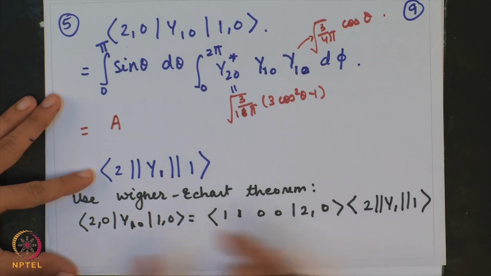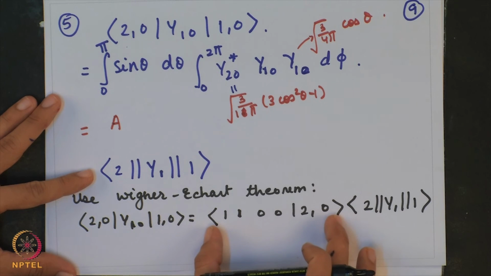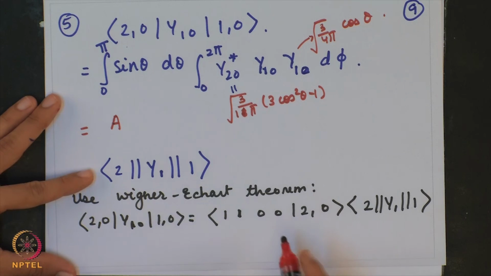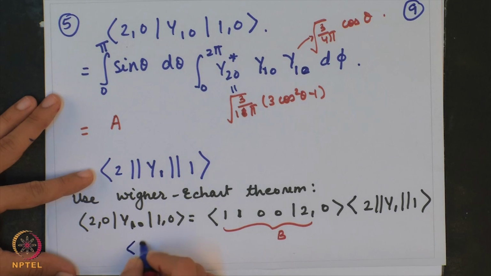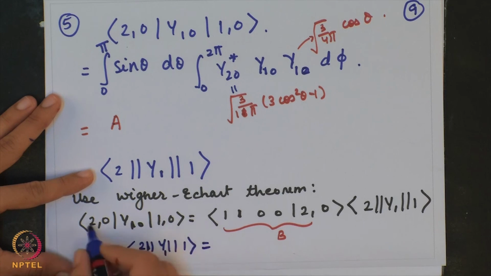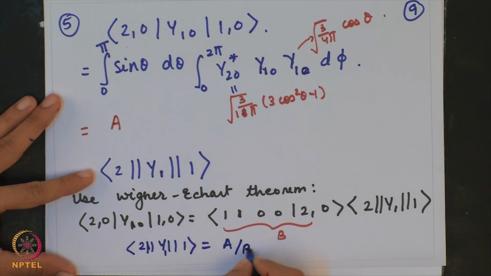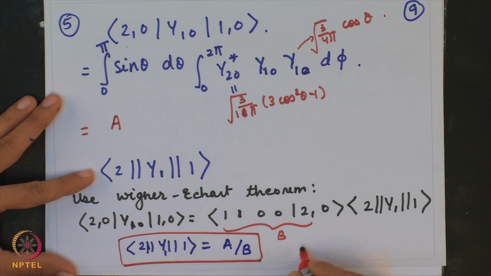So, this term will be, this you know is A, you calculate the CG coefficient of this. Now, just by looking at the terms you should be able to evaluate the CG coefficient. So, let me call this value B. So, in the final expression you will have <2||y||1> is A upon B. So, you will do it yourself and check whether you get this ratio.